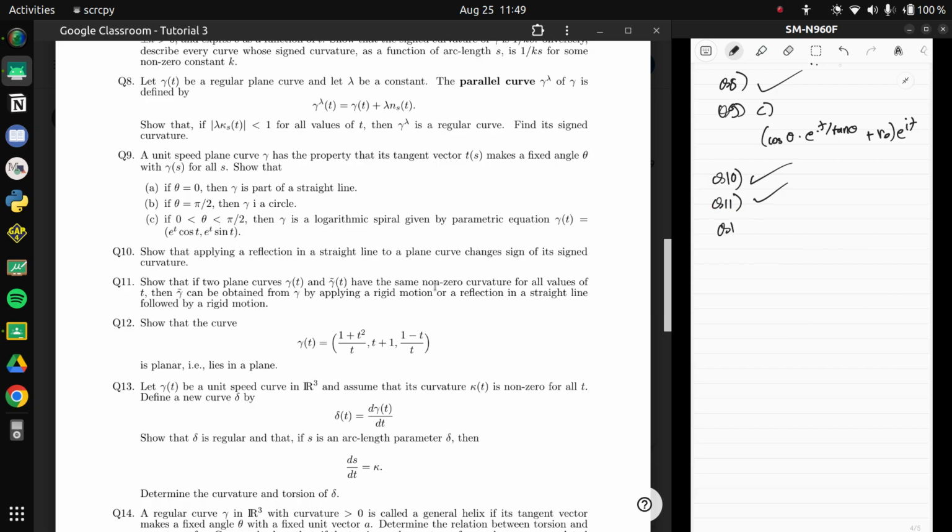Question number 11 was a different thing. So question 11 is, show that if two plane curves have the same non-zero curvature for all values of t, then gamma tilde is obtained from gamma by applying a rigid motion or a reflection in a straight line followed by a rigid motion.